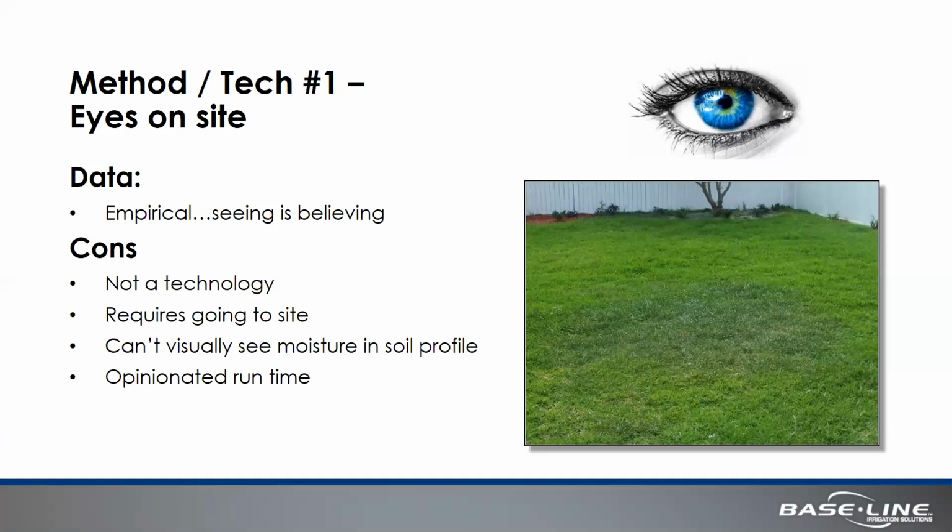However, it's not very practical because it does require going to the site in order to make those irrigation decisions. They're limited because they're not able to see the amount of moisture that is in the soil profile below grade. And then the water time is oftentimes an opinion as to how much water needs to be put down in order to properly hydrate that stand of turf.